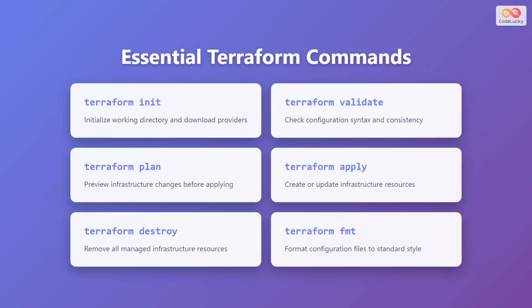Let's review the essential commands you'll use regularly. terraform init initializes your working directory and downloads providers. terraform validate checks your configuration syntax and consistency without making any changes. terraform plan previews infrastructure changes before applying them, showing you exactly what will be created, modified, or destroyed. terraform apply creates or updates infrastructure resources based on your configuration. terraform destroy removes all managed infrastructure resources when you no longer need them.